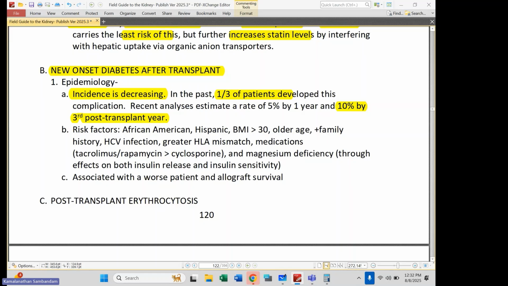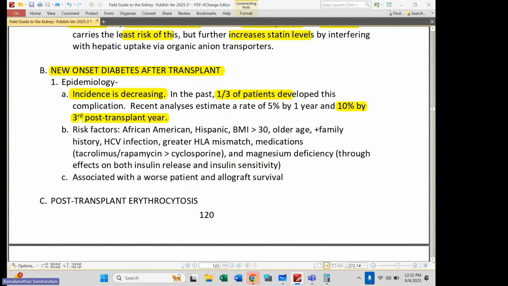Probably because we're using less steroids. So there are more centers that are doing steroid-free protocols. There also is now belatacept as a calcineurin inhibitor sparing therapy. And then, we're probably doing more induction and lower CNI levels. And that would also be an explanation.